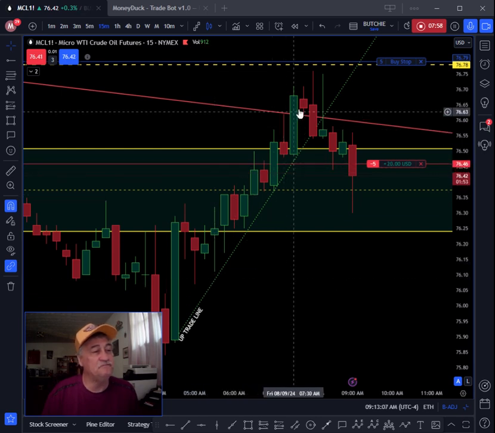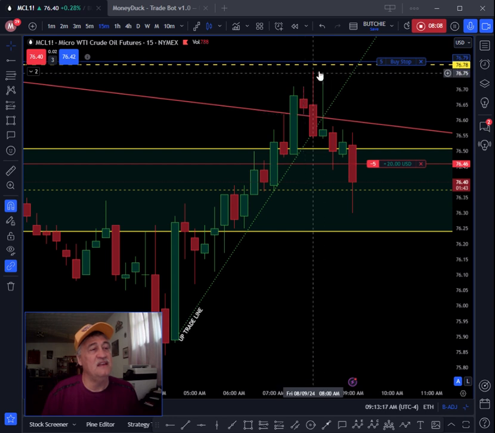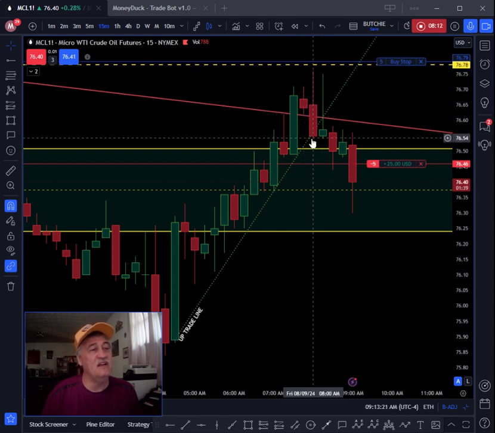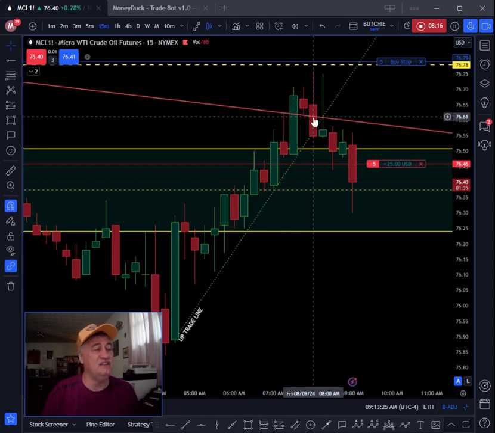So here's what I noticed, though. It pushed up, kind of broke through the red trend line, came down to test it, and then spiked up to hit this level and pulled back down. So these 3 candles right here are an evening star candle formation, and that is on a 15-minute time frame.